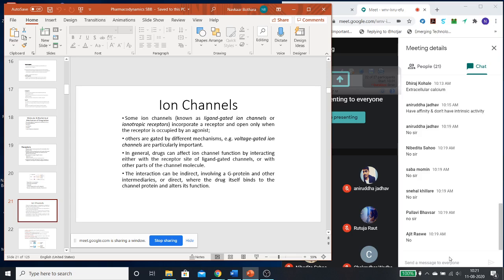Initially, long back, almost 50-60 years ago, it was supposed that they act on the GABA receptor. Later it was confirmed that no, they are not acting on the GABA receptor, they have their own separate receptor, called the benzodiazepine receptor. But these benzodiazepine receptors are able to change the GABA receptor positively, so that even a small concentration of GABA can act more.